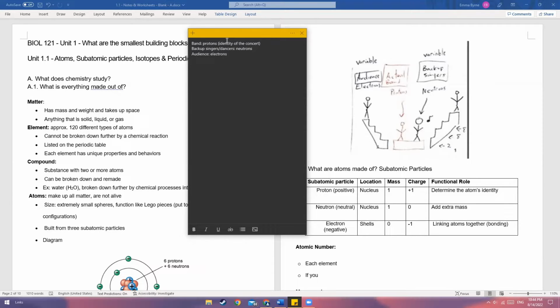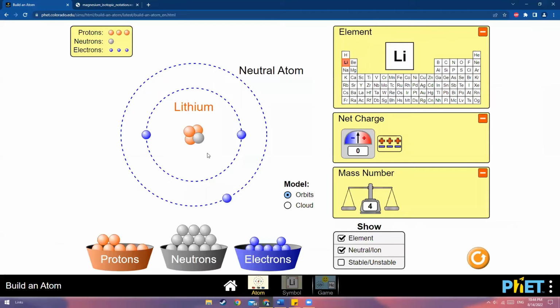So to further explain this analogy, let's say back in the day you went to go see a Nirvana concert. And in the 90s, when the band Nirvana disbanded after Kurt Cobain passed away, now they're losing a couple band members.